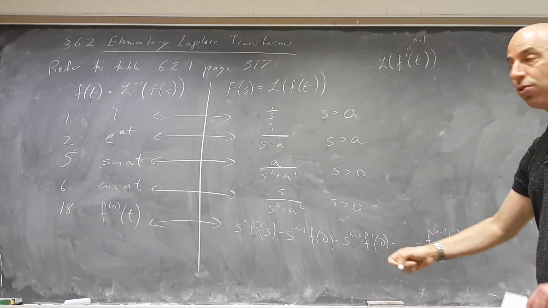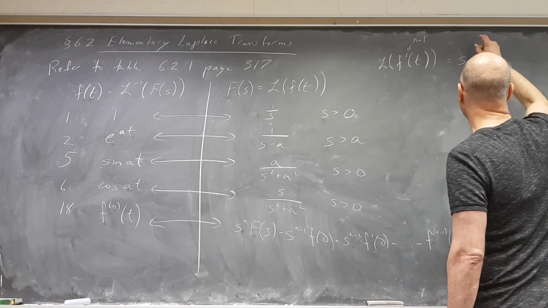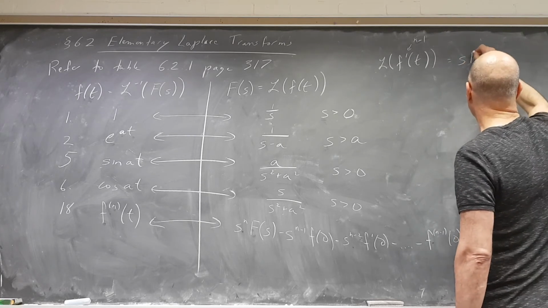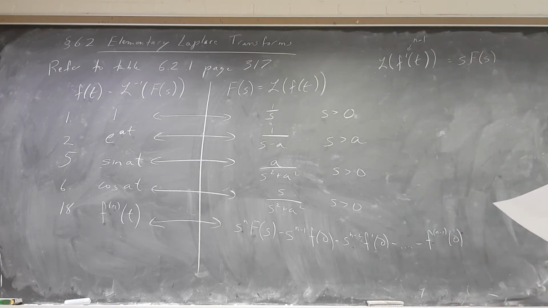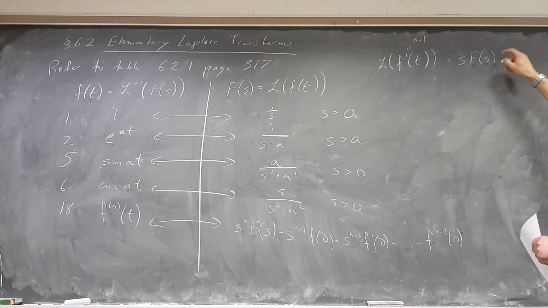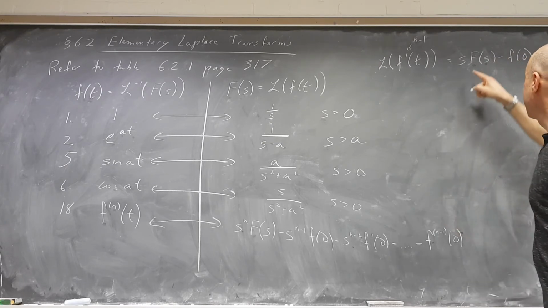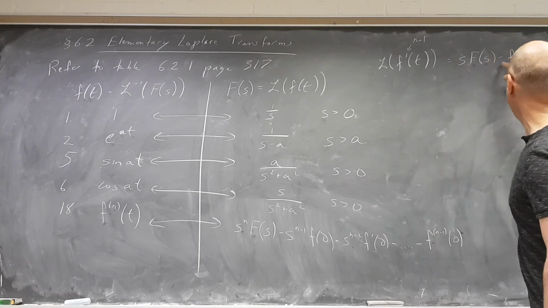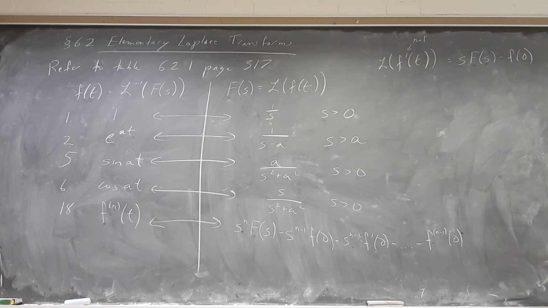Then according to this rule, what I have is s to the 1, in other words just s, times capital F of s, the Laplace transform of f, minus f of 0. Every time the s goes down in power, we go from s to the 1 to s to the 0, and we have the n minus 1th derivative. So the 1 minus 1th derivative is the 0th derivative, just the original function at 0.